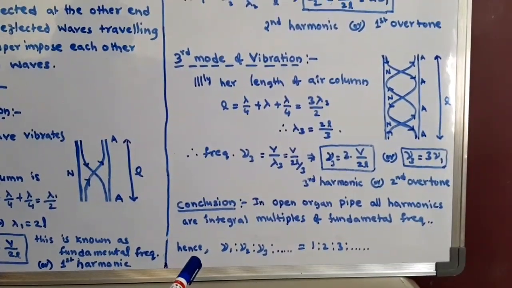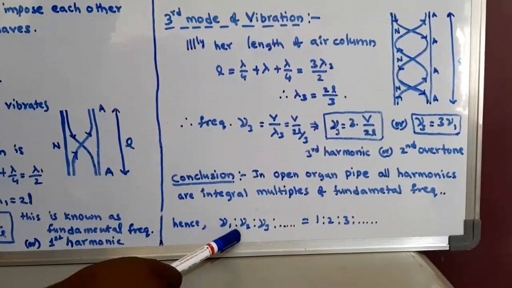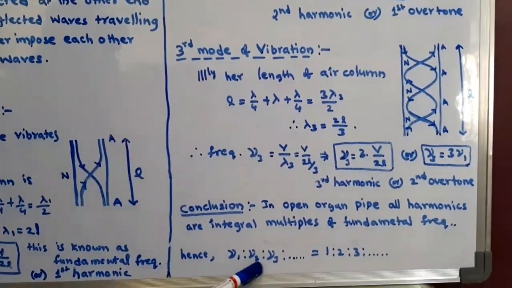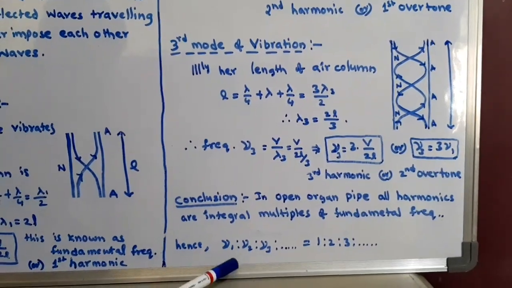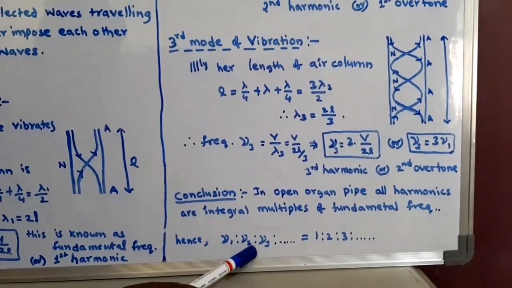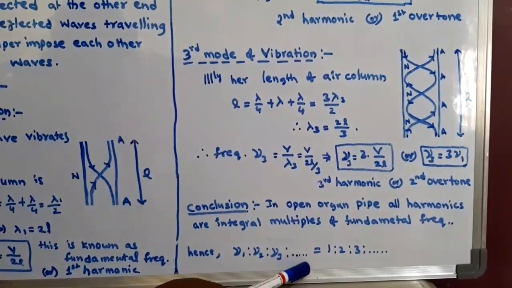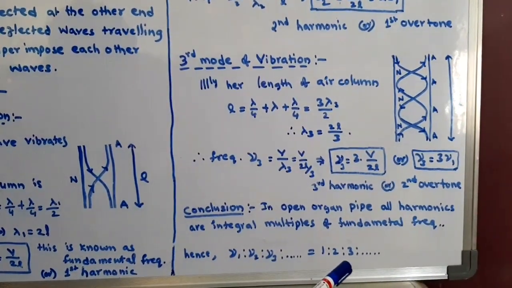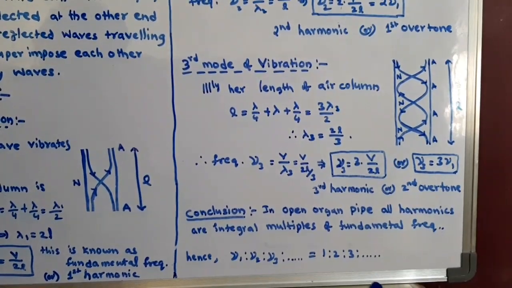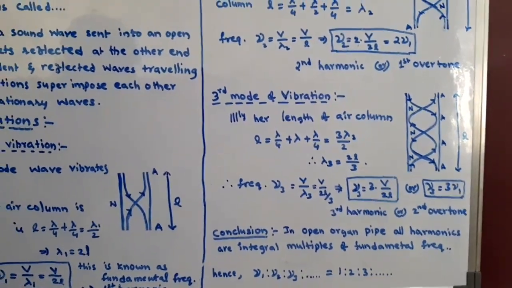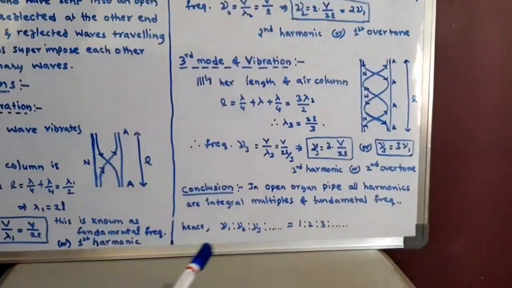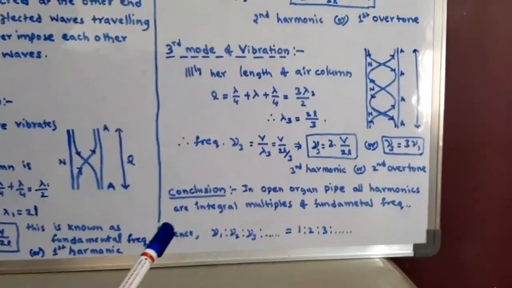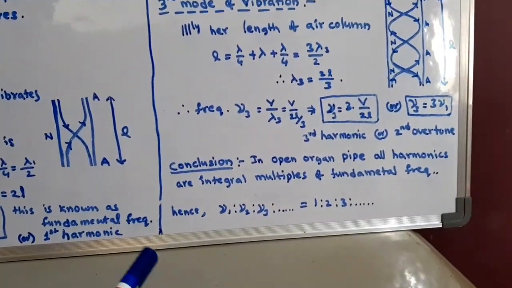Let us see the ratio: nu 1 is to nu 2 is to nu 3 and so on is equal to 1 is to 2 is to 3 and so on. So it is simply integral multiples of the fundamental frequency.